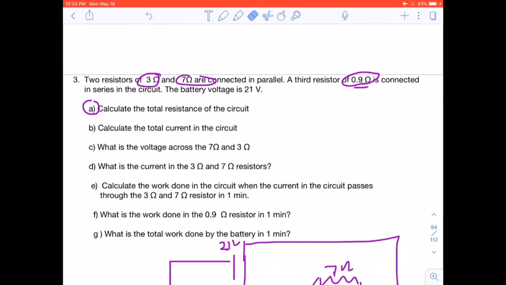So we want to now calculate the current in a circuit, which we said is 7 amps. Now we want to know what is the voltage across the 3 and 7 ohms, and we also want to know what is the current in the 3 and 7 ohms.